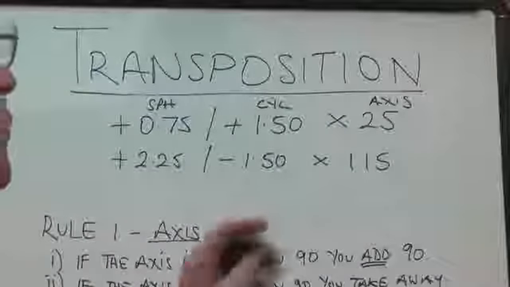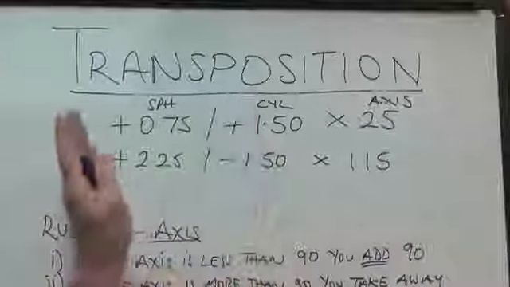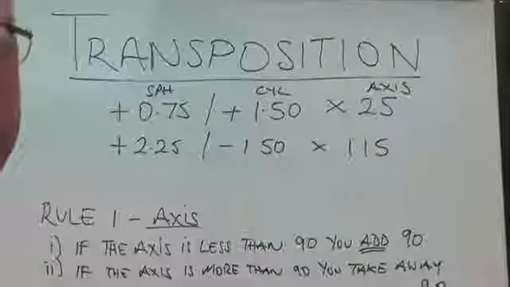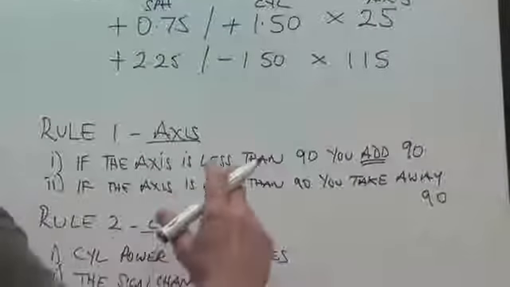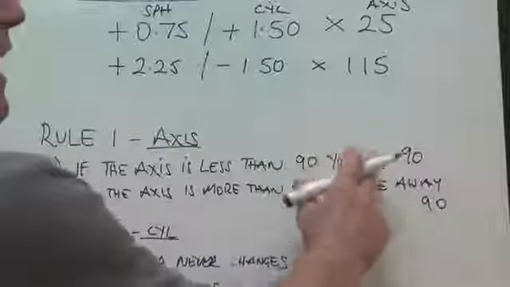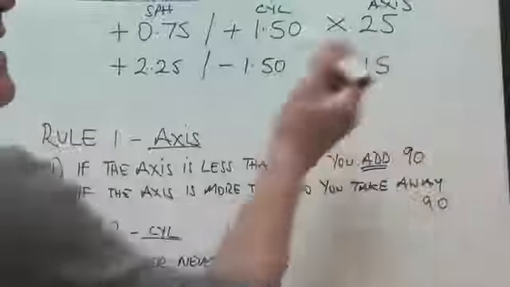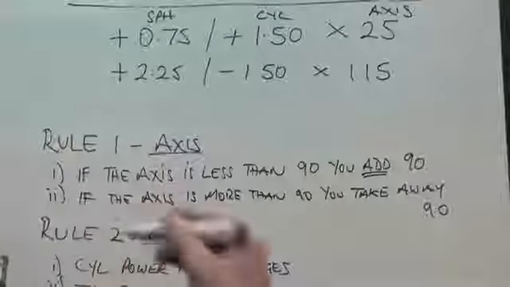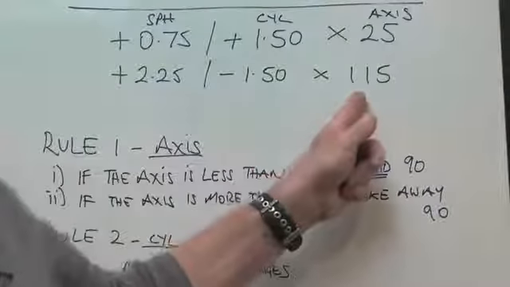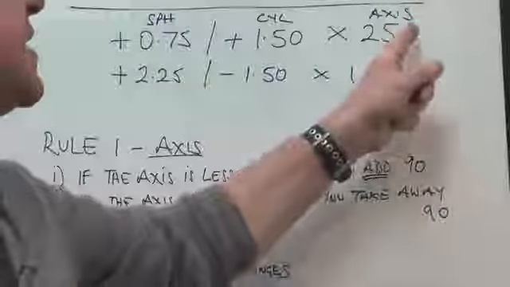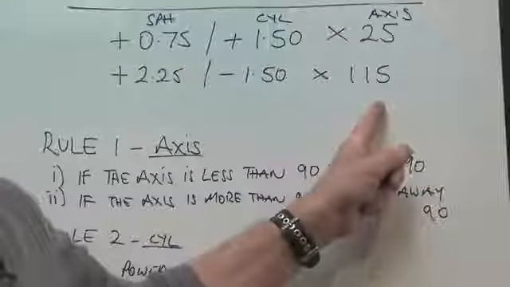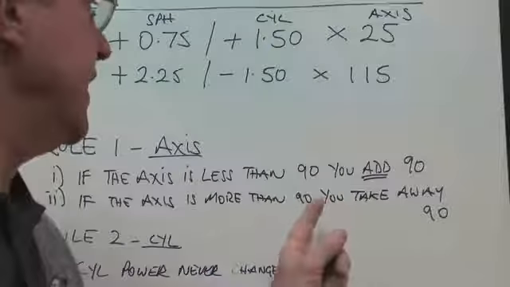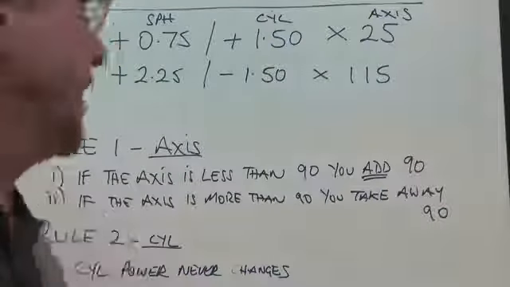Rule one: we're going to work from the axis going backwards. We look at the axis component. If the axis is less than 90, you add 90 to it. In this case, the axis was 25, so when you transpose it into its other form, you add 90 to 25 to get 115. If the axis is more than 90, you take away 90.